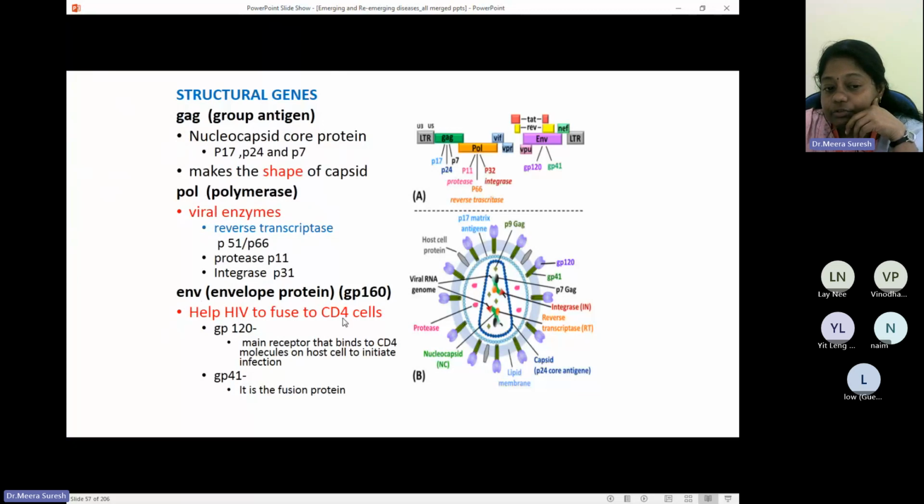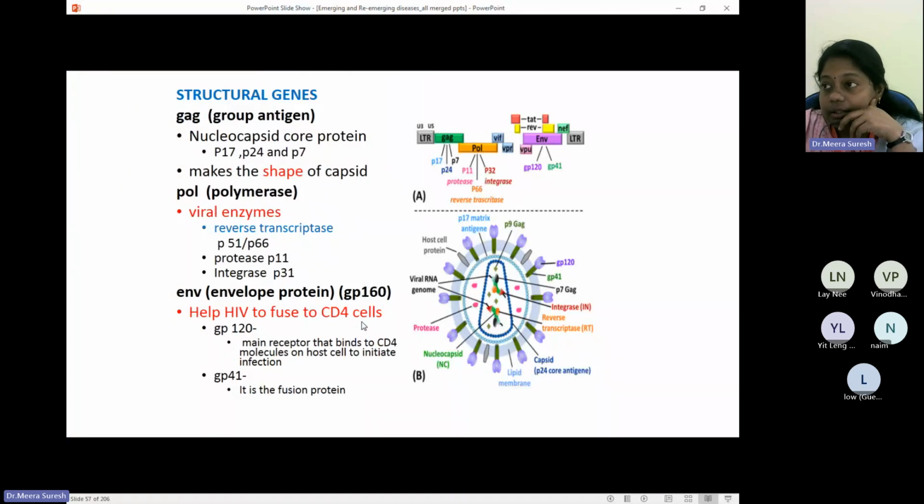It helps HIV to fuse to the CD4 cells. CD4 cells are a type of T cells, the T lymphocytes, and the HIV virus has a special predilection for CD4 cells. After combining with the CD4 cells, they result in the destruction of the CD4 cells.